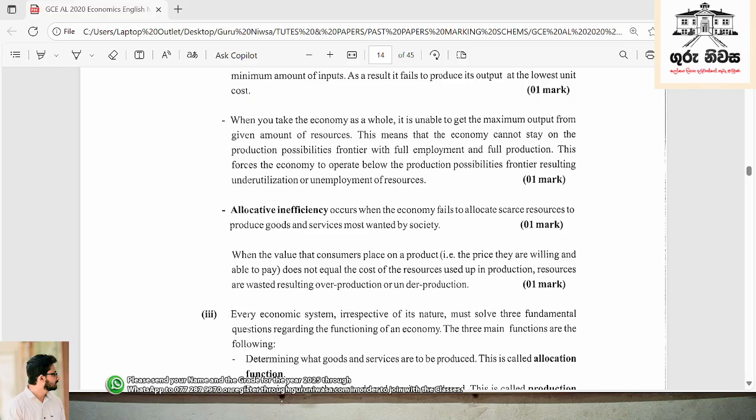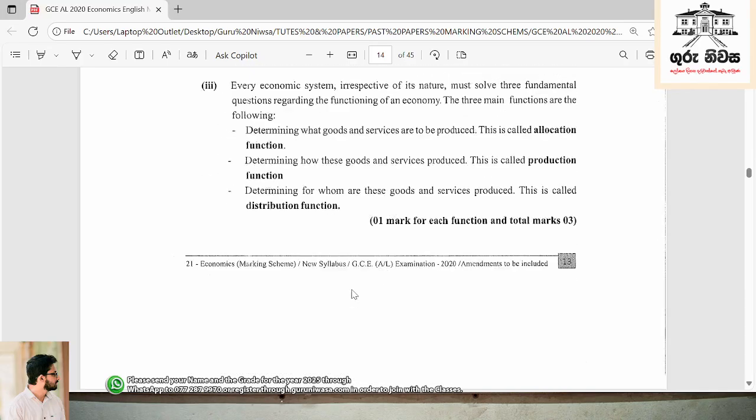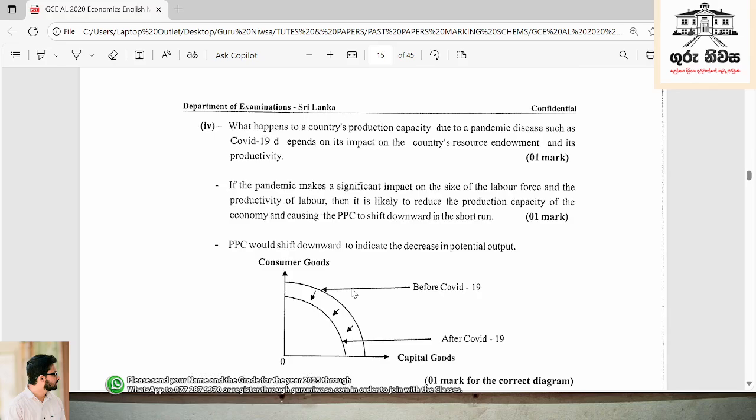You can compare your answer with the answer that I'm going to share. Can you see the screen I'm sharing? Yes, sir. Okay. Others? Punara? Yes, sir. Okay. Read the question and the answer given.